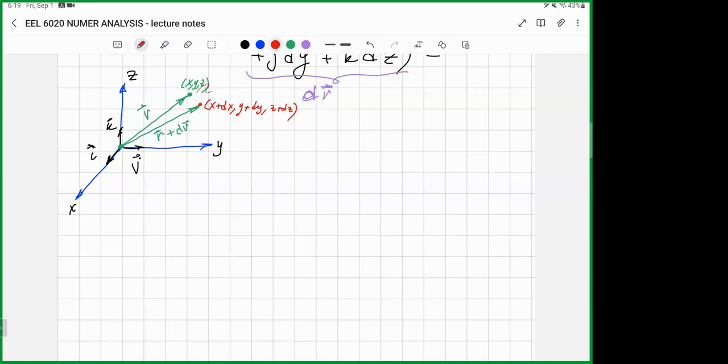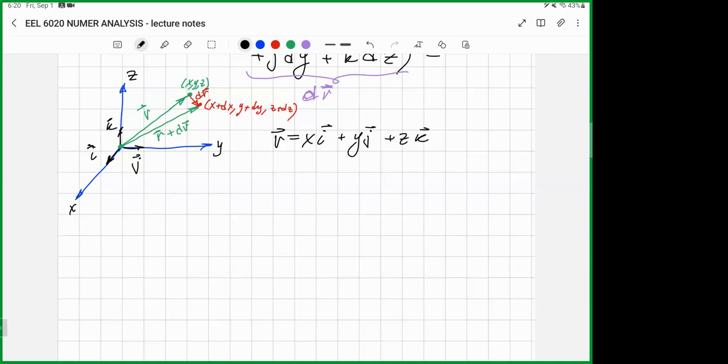It's easy to see using the summation rule for vectors. If I denote this small vector by dr, then the second vector is given by r plus dr. At the same time, we know that the radius vector is given by its coordinates: x i plus y j plus z k.